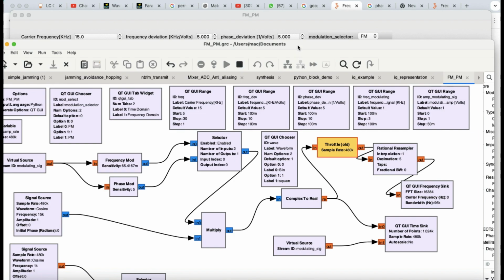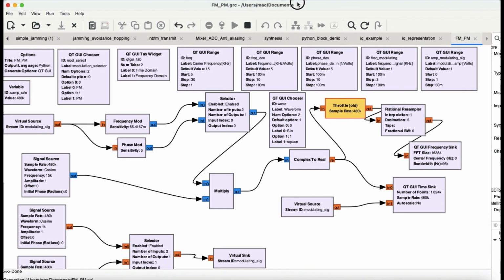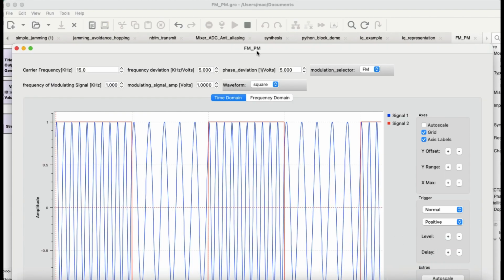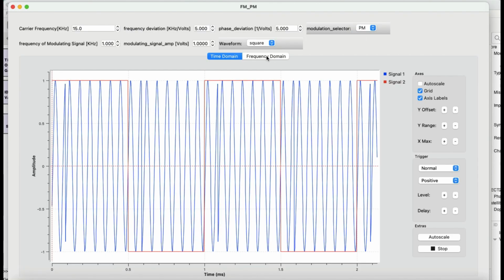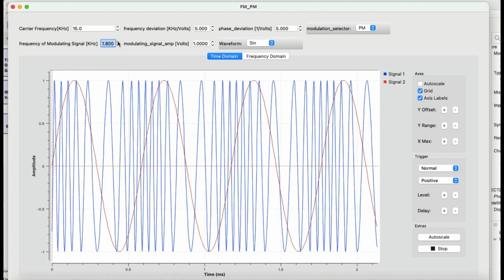I'm sorry, I move this over here. So this is your FM modulation, and you can choose this to have a phase modulation. You see this is your modulating signal, square wave. You can choose this to have a sine signal, and you can choose your modulating frequency.